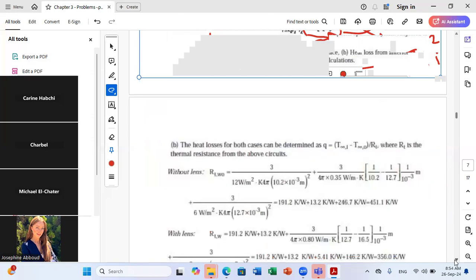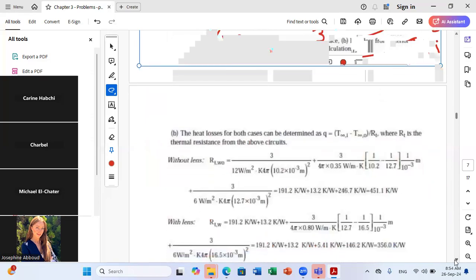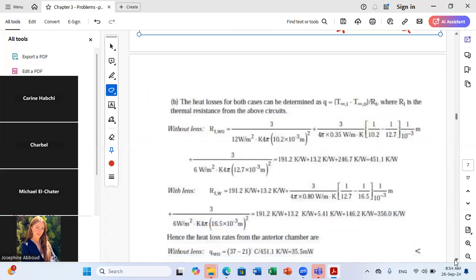If we compare the two values, without lens we have a total resistance of 451.1 Kelvin per watt, and this is the value of total resistance with lens.